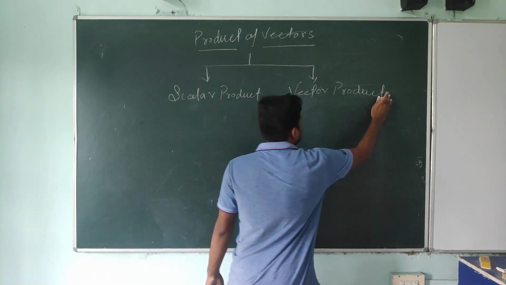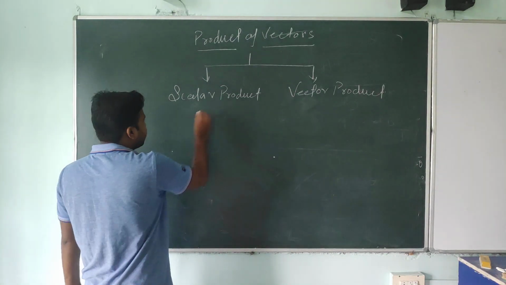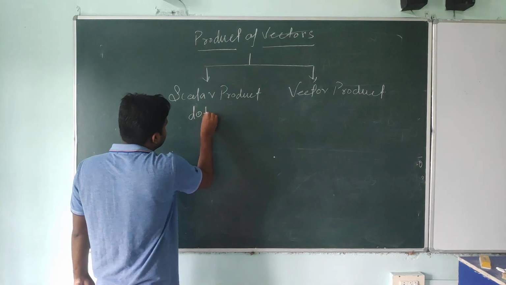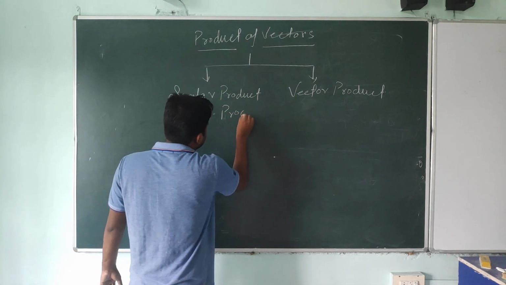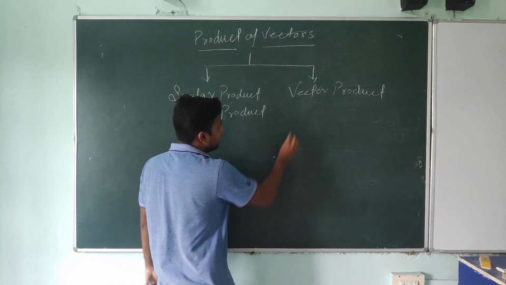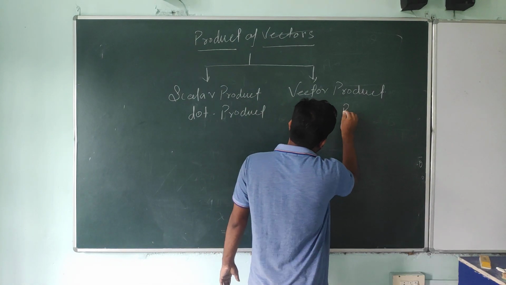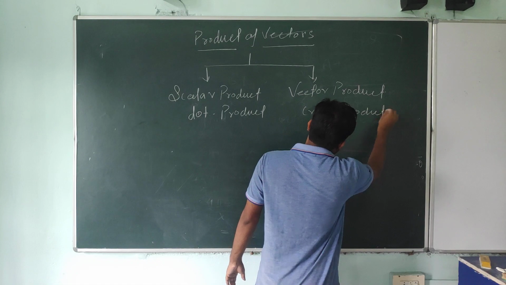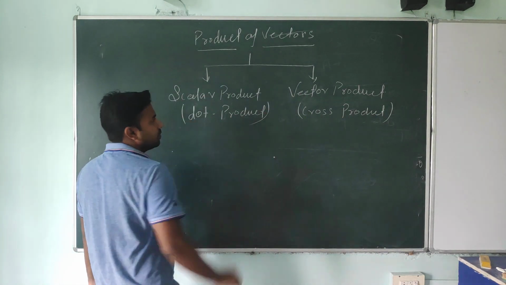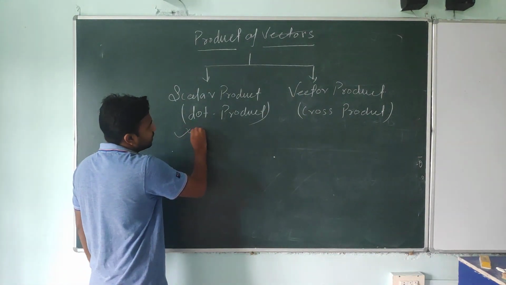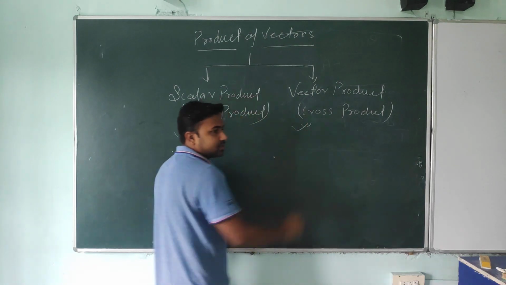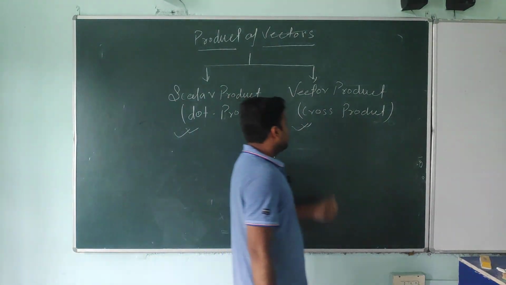This scalar product is also called dot product, and the vector product is called cross product. So first I am going to discuss the dot product, and after that I will discuss the cross product.